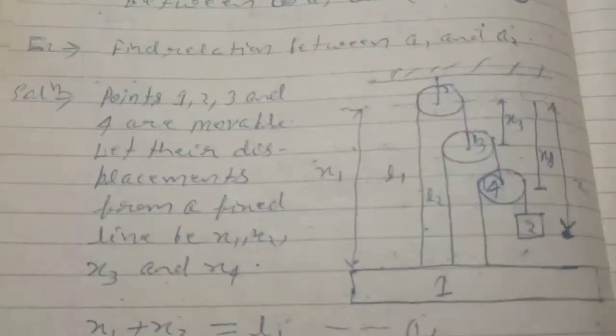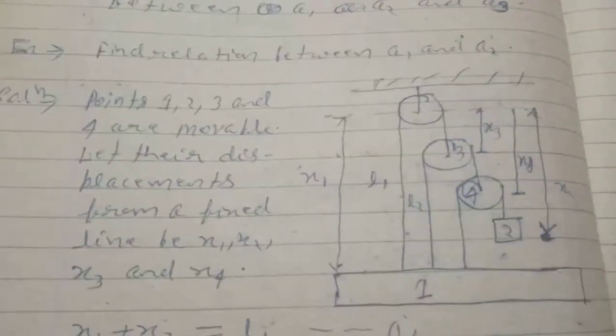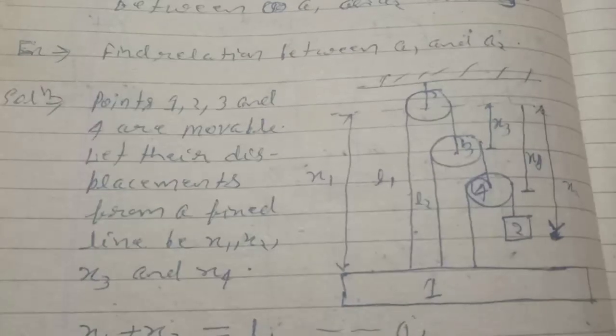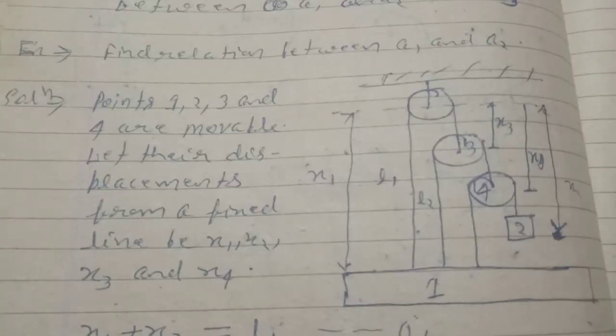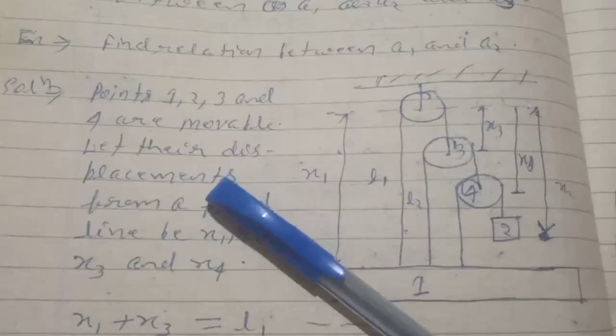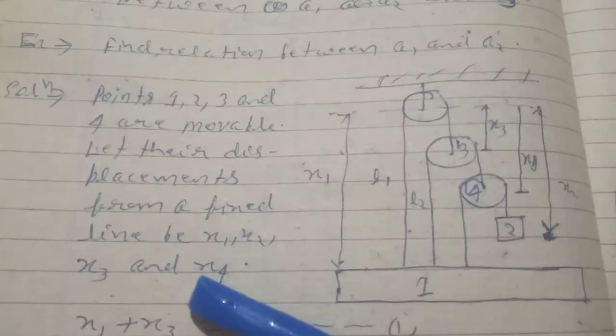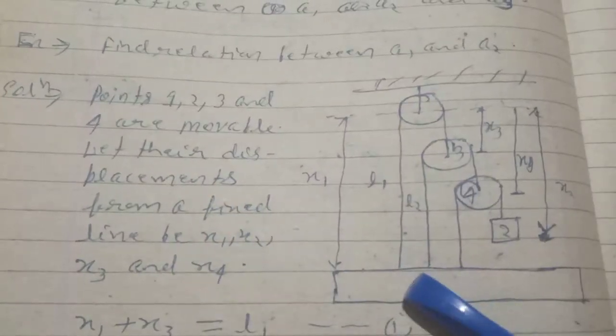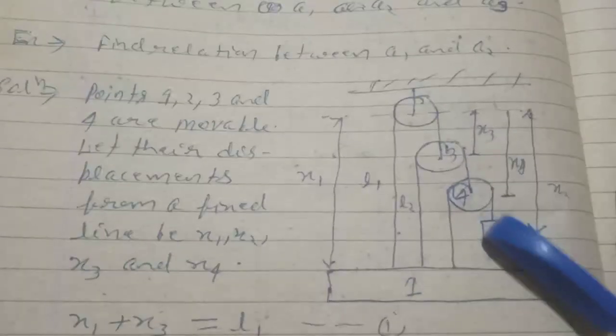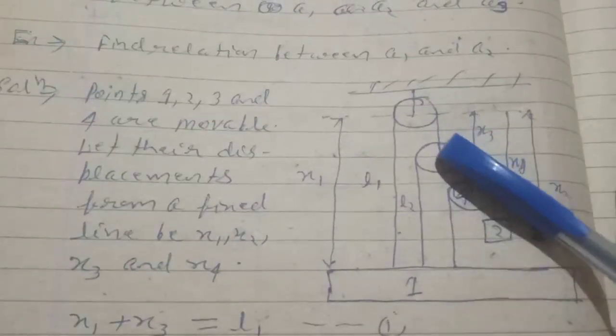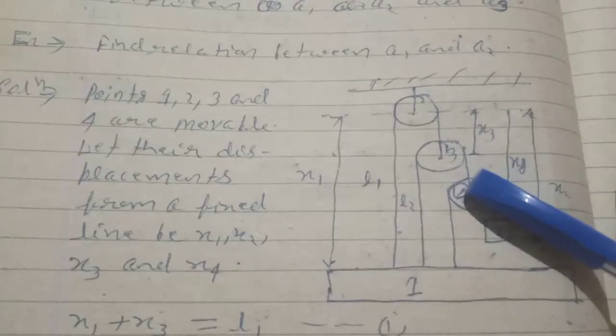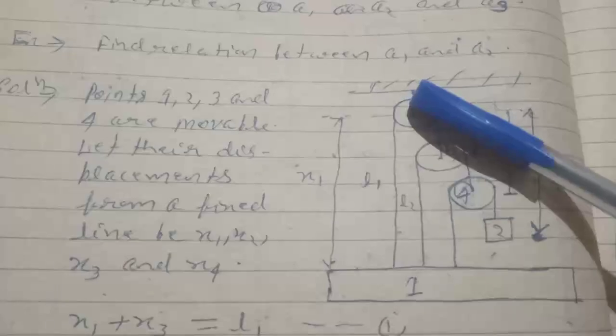Next, find the relation between a1 and a2 in the given figure. Points 1, 2, 3 and 4 are movable. That is, this is movable, 2 is movable, 3 is also movable, the center of this pulley, and the center of this pulley 4 is also movable, but this is fixed.